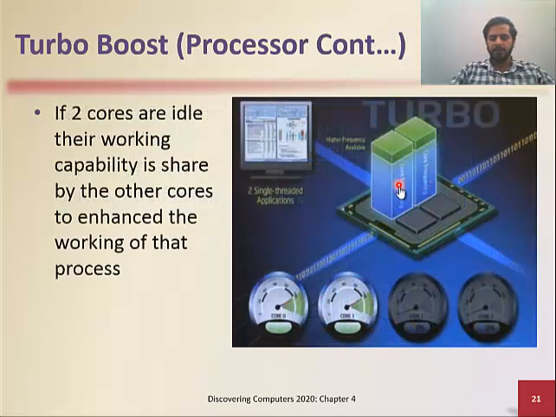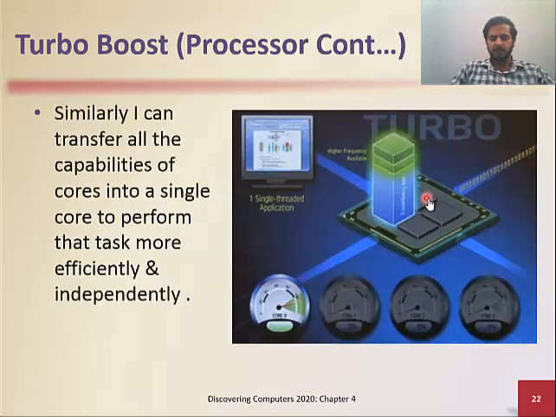But what happens? You can switch off the capacity of two cores. You can switch off these two cores, this one and this one, and shift the working capacity towards the remaining cores. So if two cores are idle, not working, their capacity is shared by the remaining working cores.